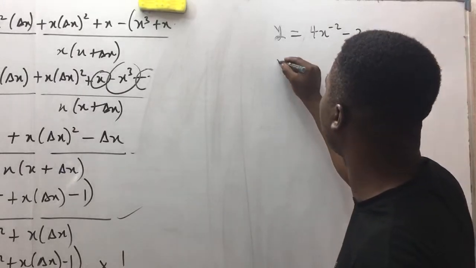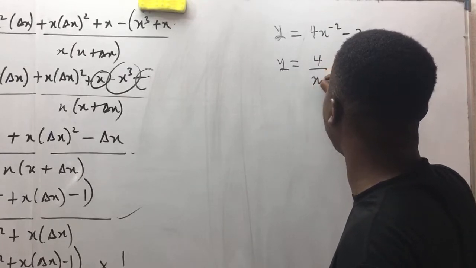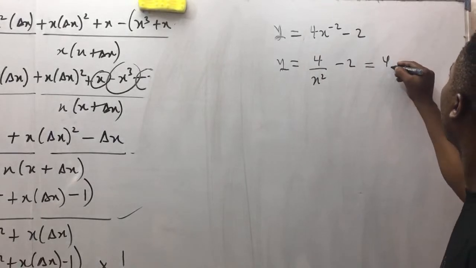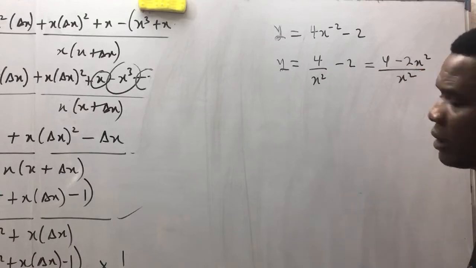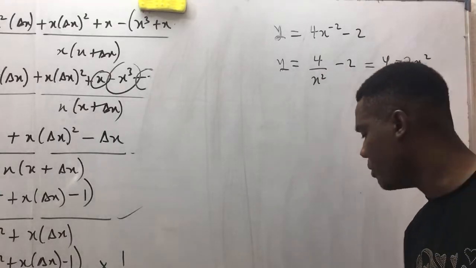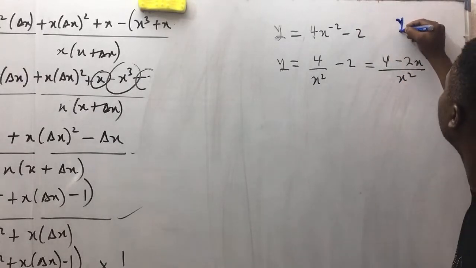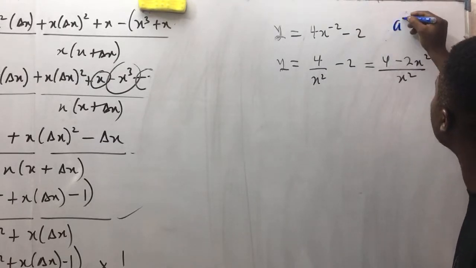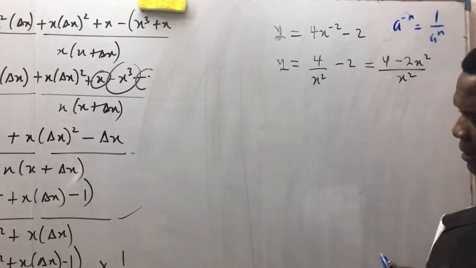So I'm going to write out this function, what we've been given here. I'm going to write it out as 4 over x squared minus 2, which translates to 4 minus 2x squared over x squared. Okay? Now, what have I done here? Just in case you may not follow what was done here, take note, I used this particular law of indices: a raised to power minus n is equal to 1 over a raised to power n.